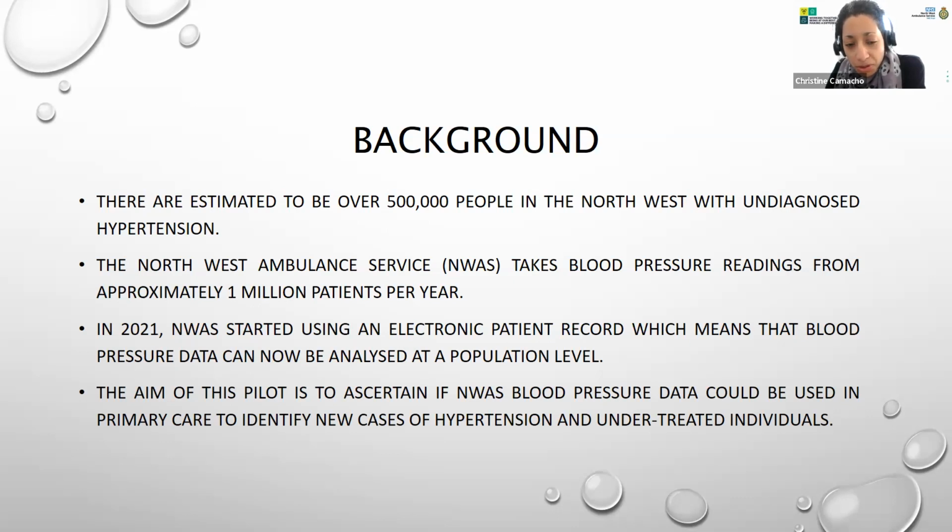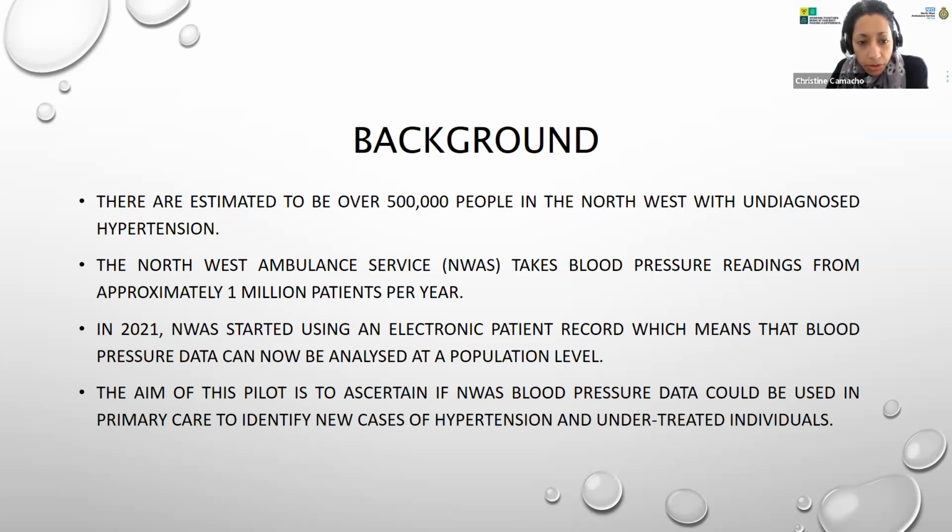But we wanted to make the most of this new electronic patient record and look at the blood pressure data that we have and think about that at a population level. So we ran a pilot with a primary care network, which is a collection of GP practices. And these slides are just talking about what happened in that pilot.